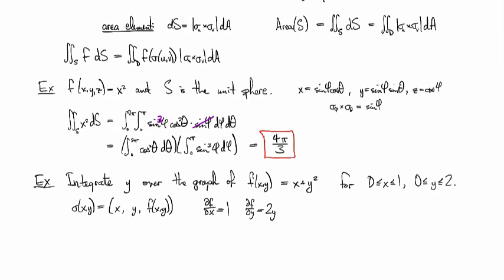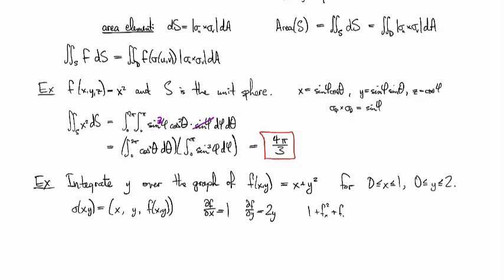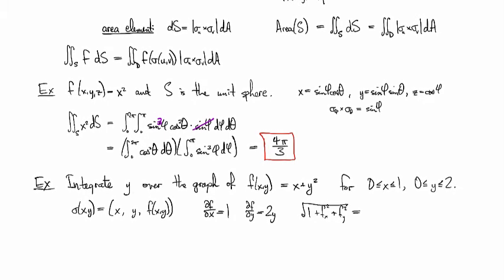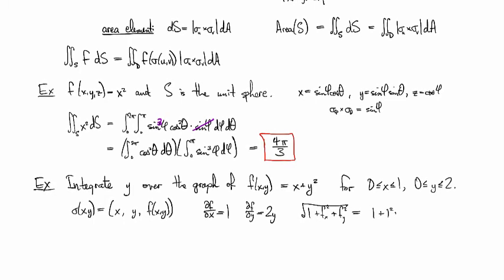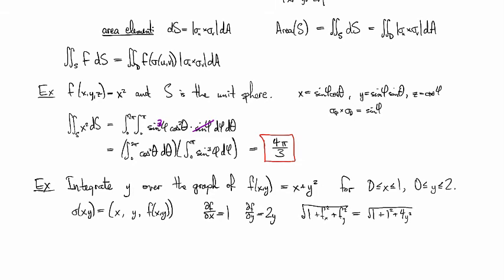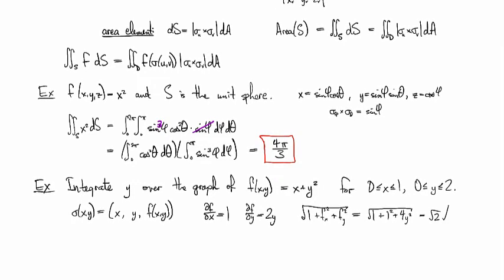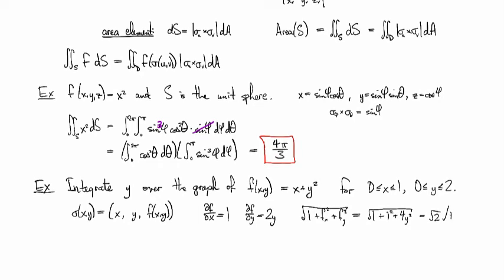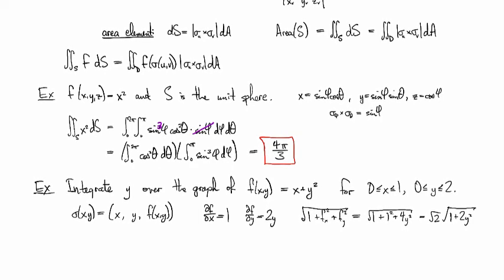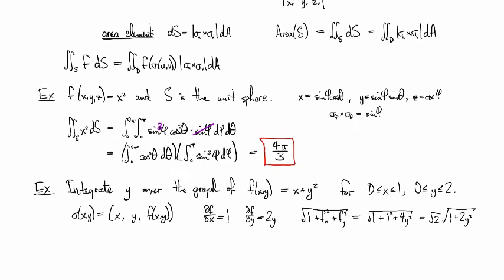So the square root of 1 plus fx squared plus fy squared gives us the square root of 1 plus 1 squared plus 4y squared, which is root 2 times the square root of 1 plus 2y squared. There we go. That's the part we need for our surface area element.